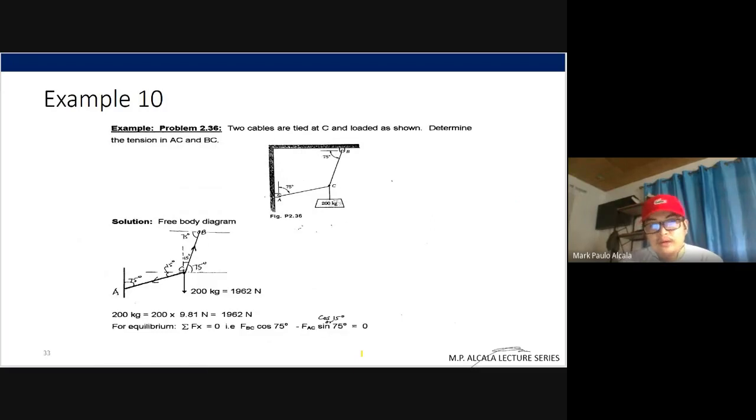For another example, another book problem, class, we have here a crate of 200 kilograms and then the rope C. So in order for us to draw the free body diagram, we have this illustration.